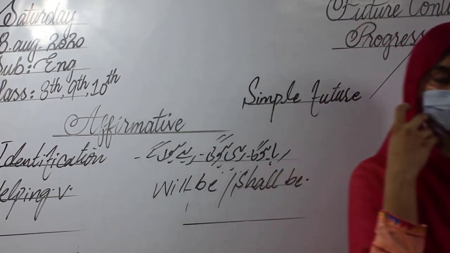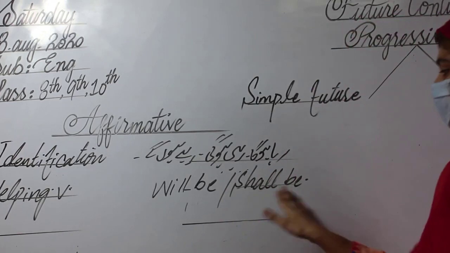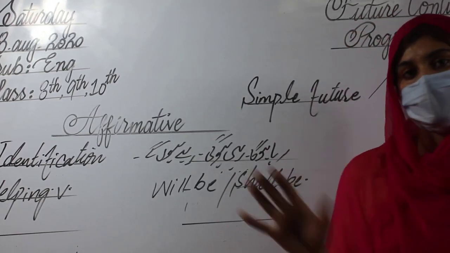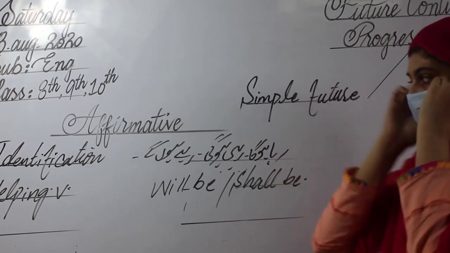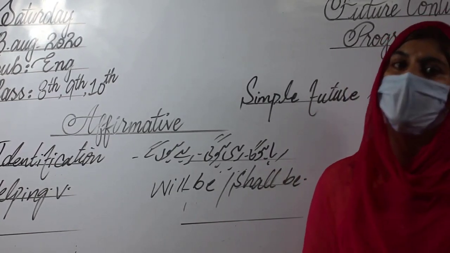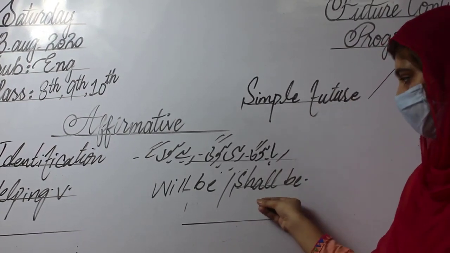When we discussed the future, I told you one thing: the shall is not necessary to add with all these types of subjective words. If you want to add will, then you can. It's totally up to you. In a very polite manner, in a questioning statement, it's compulsory to add shall.